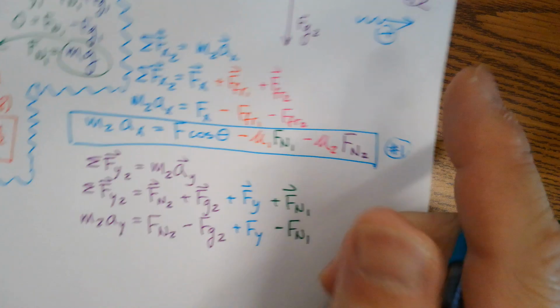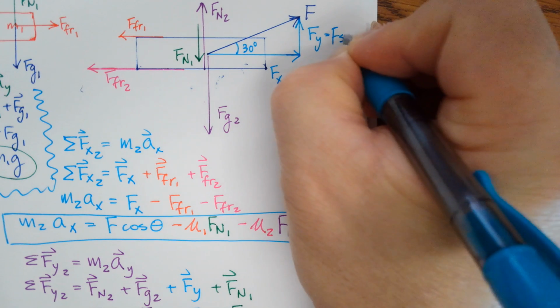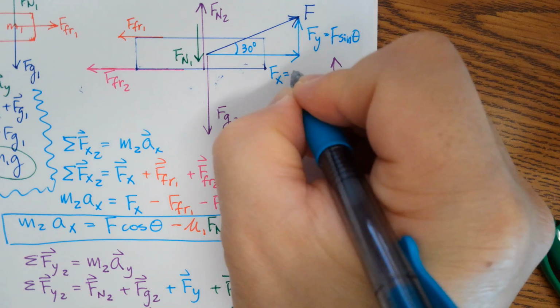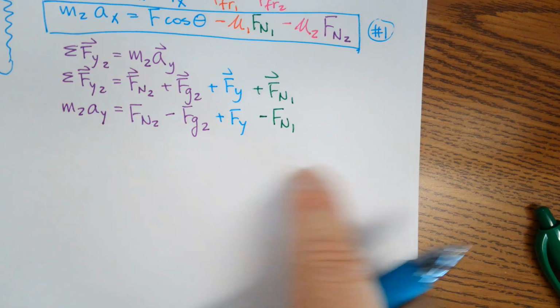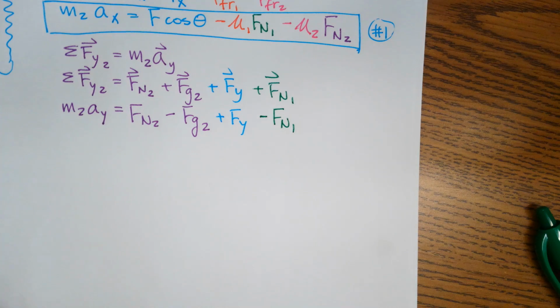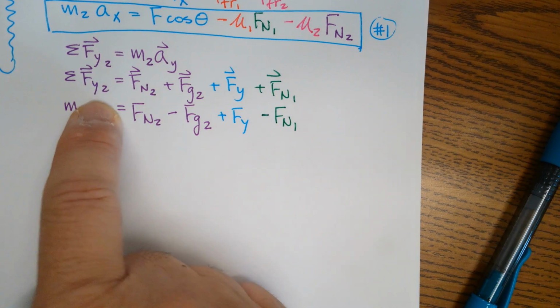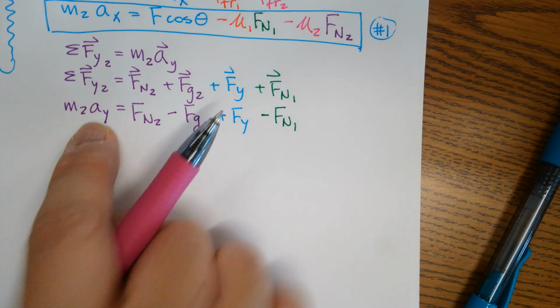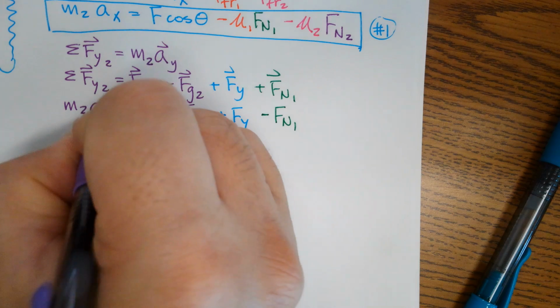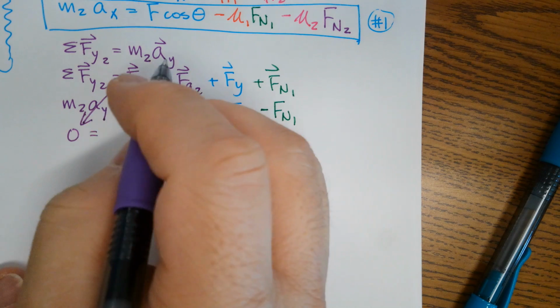Now, you know Fy is F sine theta. You know Fx is F cosine theta. So we can substitute some of these things now with their relative values. So for mass 2, the acceleration in the y direction is 0 because it's not going to be accelerating vertically at all.